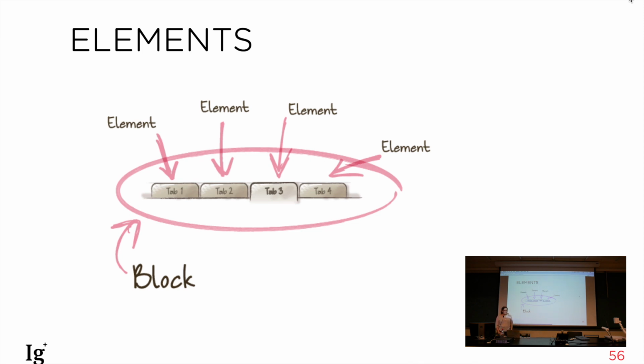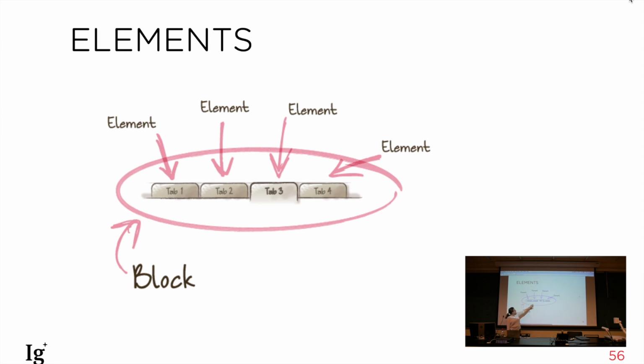Then the next entity is the element, and these are small things inside the blocks, but on their own they probably do not mean anything, because for example, you cannot have a menu of one element, it just doesn't make sense. But together they can form a block, and a tabbed pane is quite a good example.